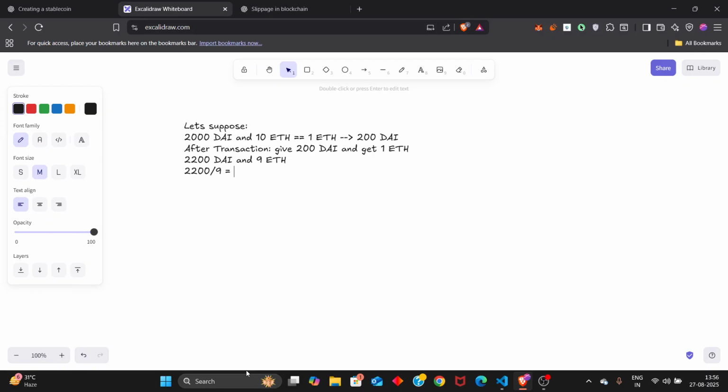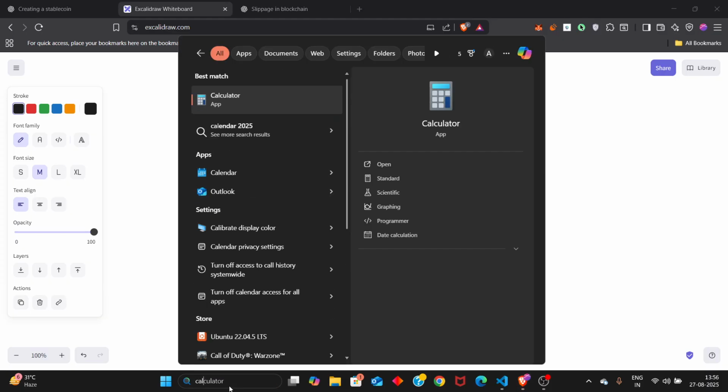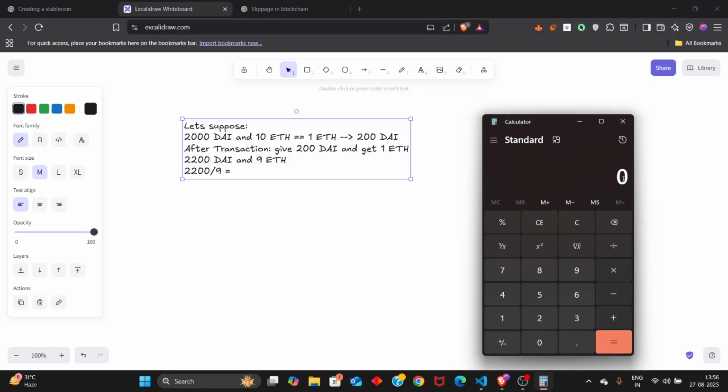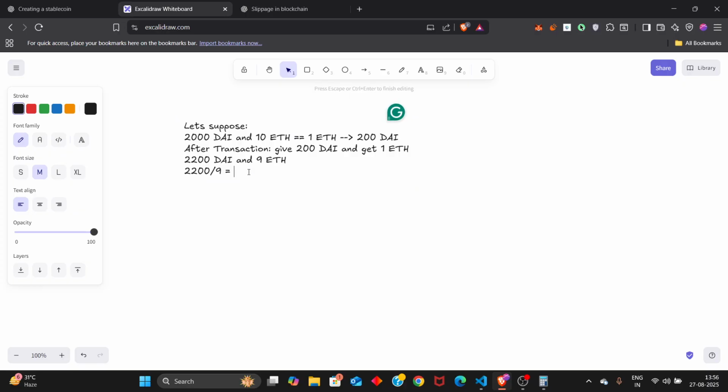Let me use the calculator. This much DAI I have to give in order to get 1 Ethereum, and this amount is 244.44. So you can see the difference here.